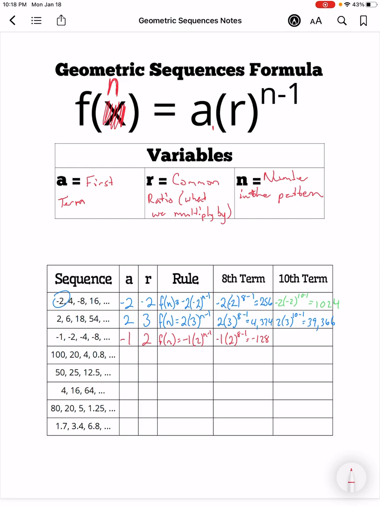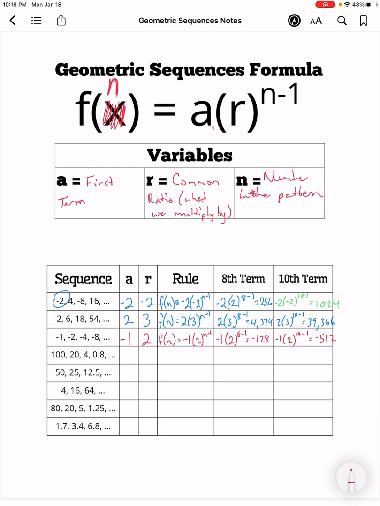And then I would do the same thing on the next one. -1 times 2 to the 10 minus 1. And that would give me -512.